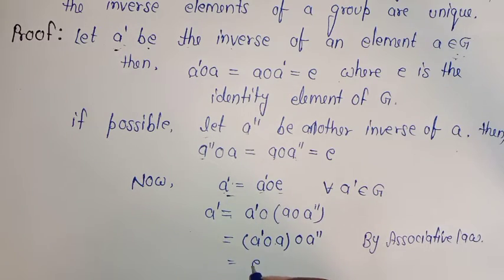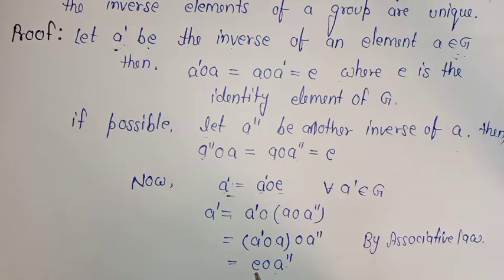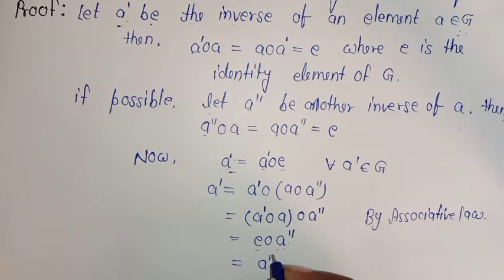So it becomes E operation A''. And since A'' is an element of the group G, when it is applied with identity, we again get the same element A''. So what we get is A' is equal to A''.